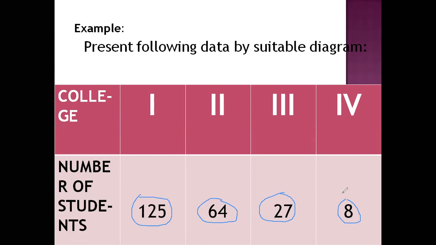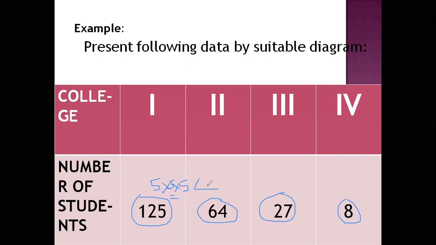Now you can see, 125 cube root, if you find, it will be 5. That is 5 into 5 into 5 will be equal to 125. Similarly, you take the case of 64.